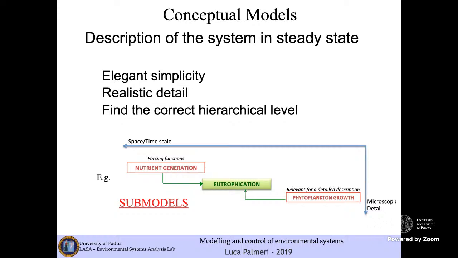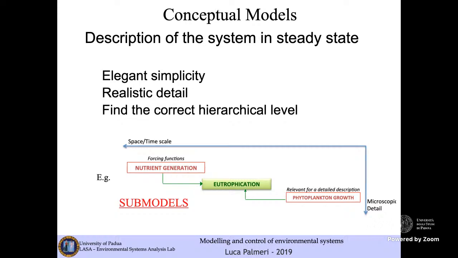Typically, you do model conceptualization by proposing some description of the system, typically in steady state. At least this is the beginning phase. This means I make a picture of the system and I try to identify the key aspects that I want to include in my model.